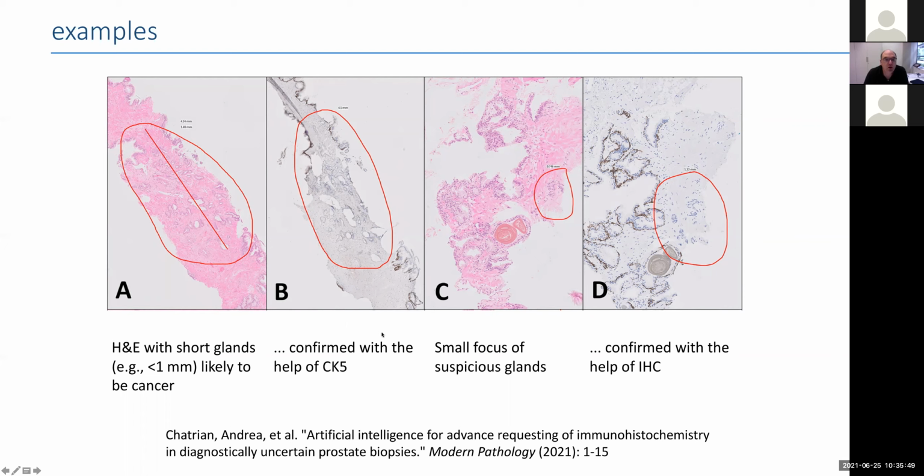In panel B, when this is stained with CK5, these are clearly confirmed as cancerous glands. And in panel C is a small focus of suspicious glands, and again in panel D, you see that these are confirmed with the help of IHC. You can look up the paper, which was published very recently in Modern Pathology.